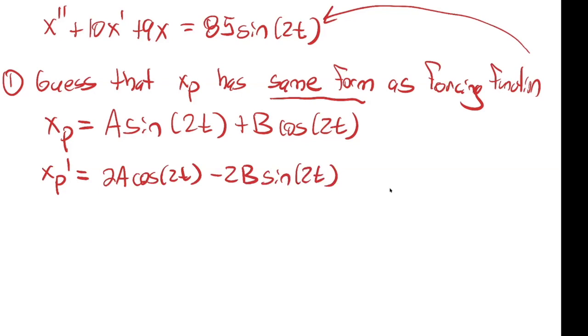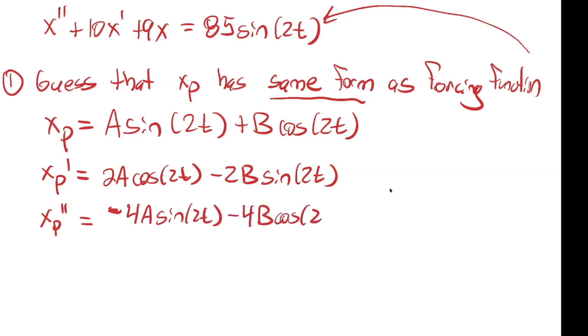And hopefully it makes sense why this is a good guess, because now when we add and subtract first and second derivatives, we get the possibility of the sines and the cosines all canceling out just so. And now we would get a negative 4a times the sine of 2t, and a minus 4b times the cosine of 2t. So far, we're just taking the derivative and plugging it into the differential equation.